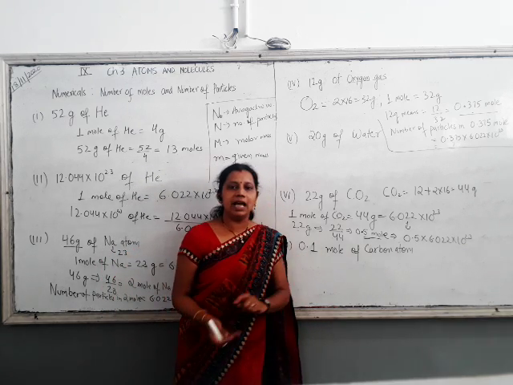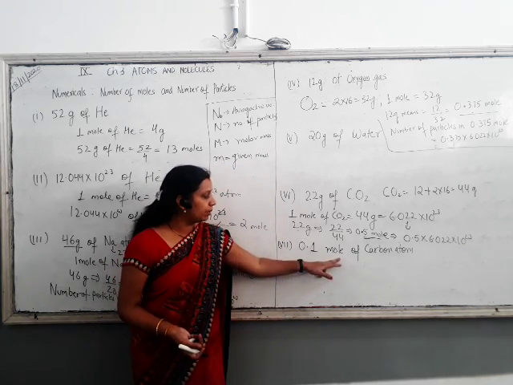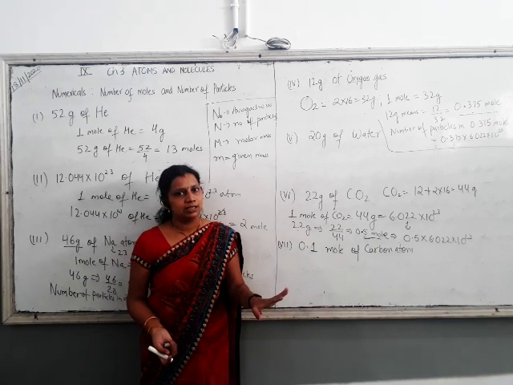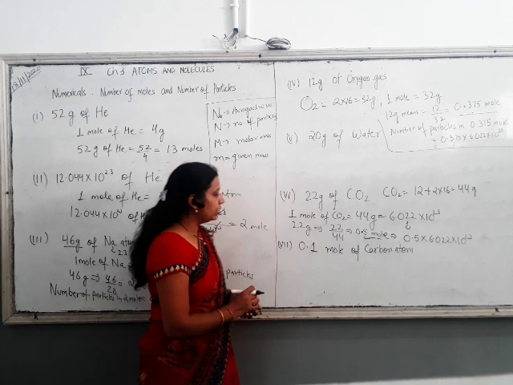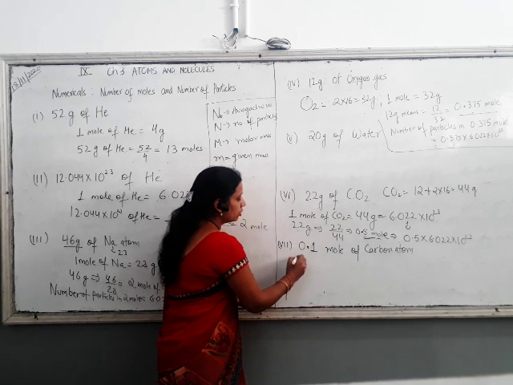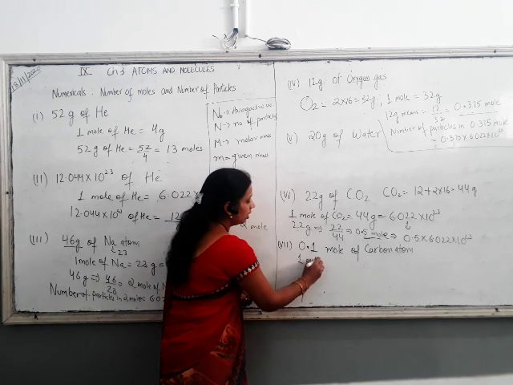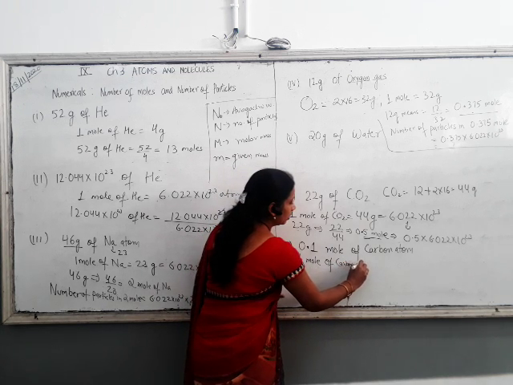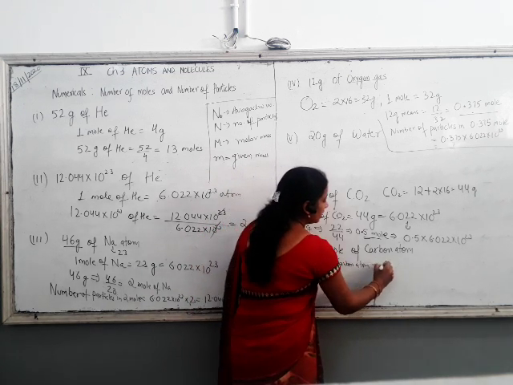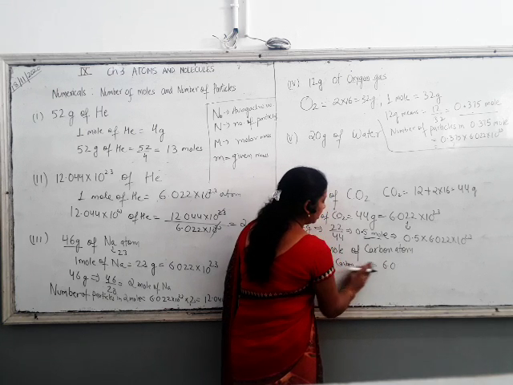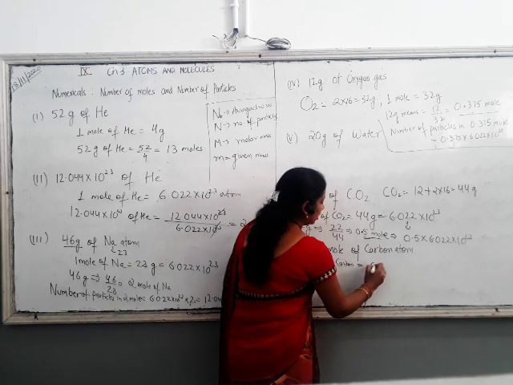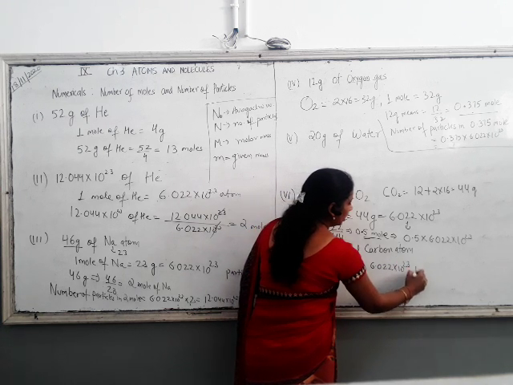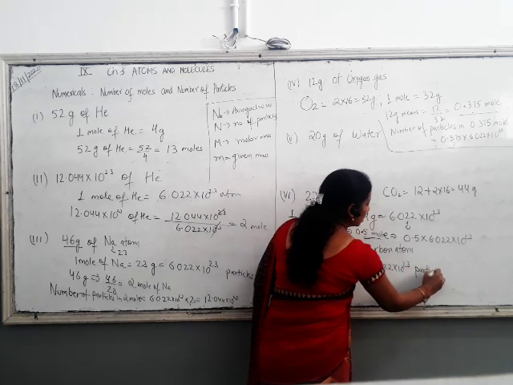0.1 mole of carbon atom. Here already number of mole is given. You have to find only number of particles, nothing else. So 0.1 mole of carbon. So you know 1 mole of carbon atom means 6.022 into 10 power of 23 particles.